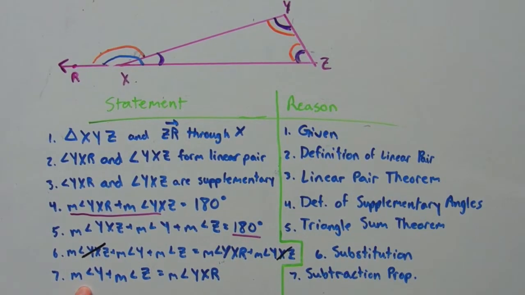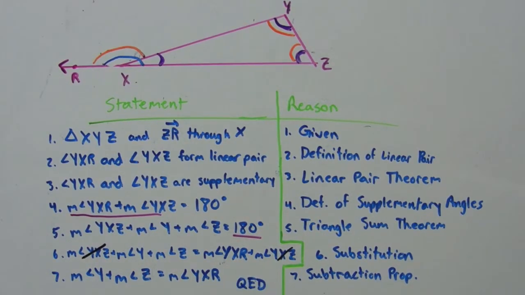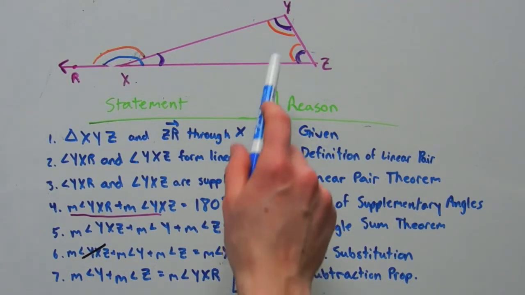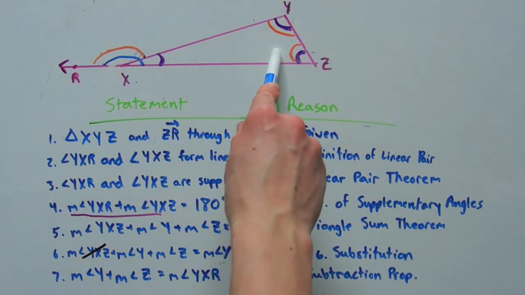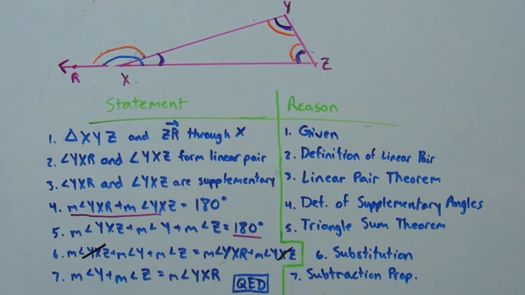And we're left with the measure of angle Y plus the measure of angle Z equals the measure of angle YXR. And that's by the subtraction property. And that is what we needed to prove: that the sum of the remote interior angles equals the exterior angle. And this is the proof for the exterior angle theorem.